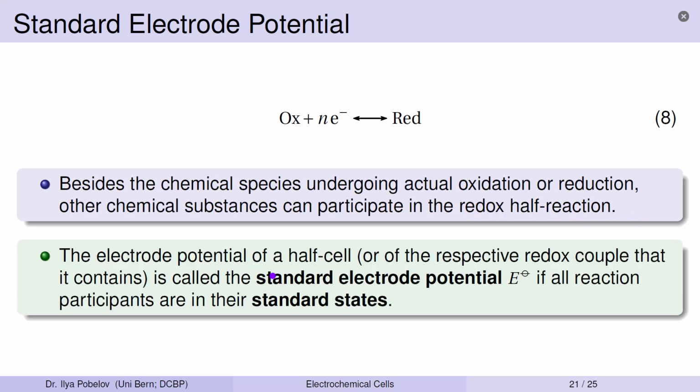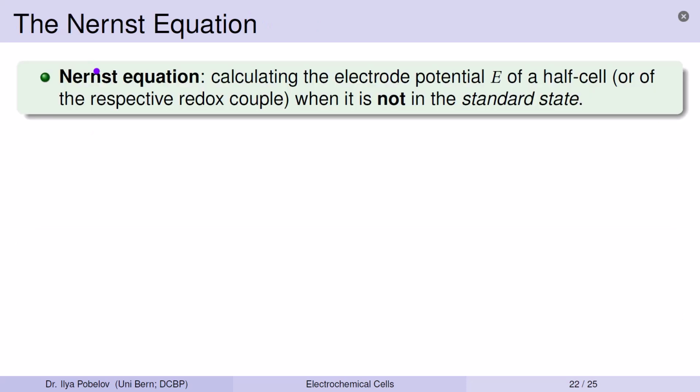The electrode potential of a half cell or of the respective redox couple that it contains is called the standard electrode potential if all reaction participants are in their standard states. The Nernst equation allows calculating the electrode potential of a half cell or of the respective redox couple when it is not in the standard state.